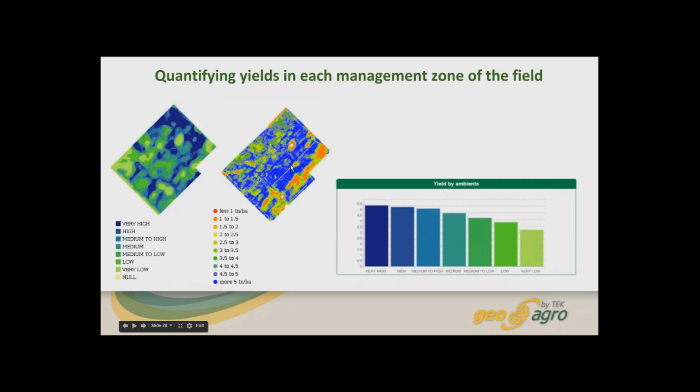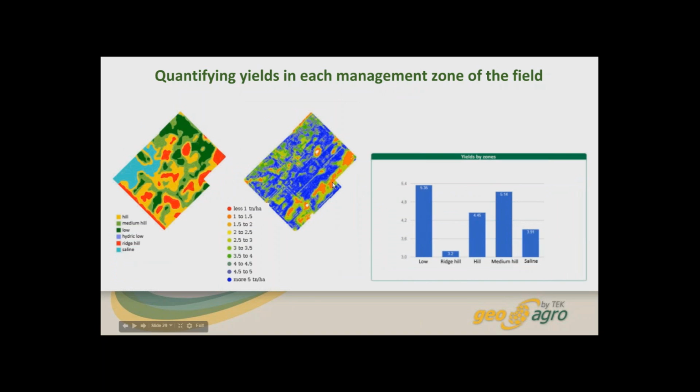When you use Farm 360, or your own software, you can do a cross analysis automatically of what the yield was in each management zone. You can see that the high-yielding management zones were at the 5.5 level, and the low-yielding at the 3 tons per hectare level. That gives you very important information to quantify the yields and make management decisions.